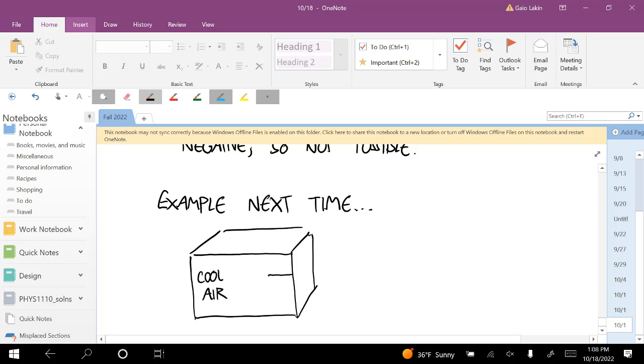And then you have this one little section that's full of hot air at a higher pressure. And then you open this container, let those two mix. And we're going to do the same thing. Find the equilibrium temperature and show that it's possible for them to equilibrate, to come to the same temperature, but it's impossible for them to start out at the same temperature and go to a hot region and a cool region. It obviously makes sense with your intuition, but this is how you calculate it.